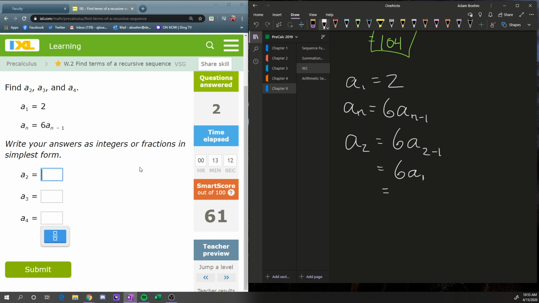And then A1, that's just 2, so 6 times 2 is 12. So our second term is going to be 12. So questions on the second term.